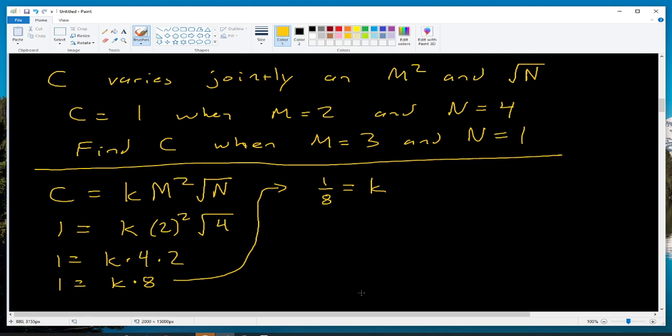So now what we need to do is rewrite our equation with the correct k value plugged in. So c equals 1/8 times m squared times square root of n. So now they tell us m is 3, so plug 3 in for the m.